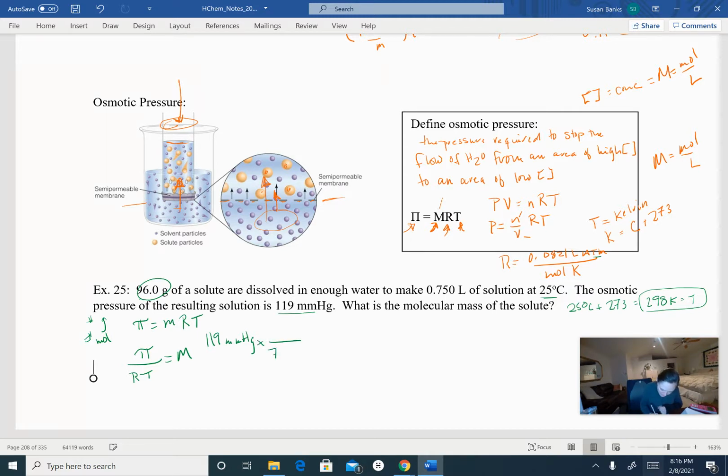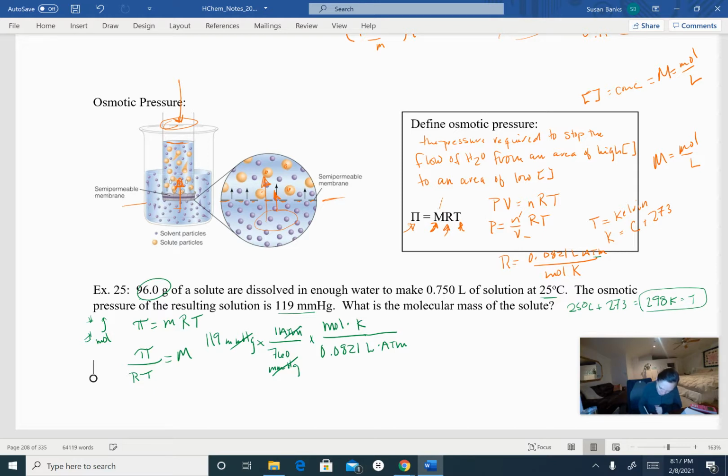I have 760 millimeters of mercury in 1 atmosphere, so my millimeters of mercury are gone. Now I am going to divide by my R, 0.0821 liters multiplied by atmospheres, over mole multiplied by Kelvin.